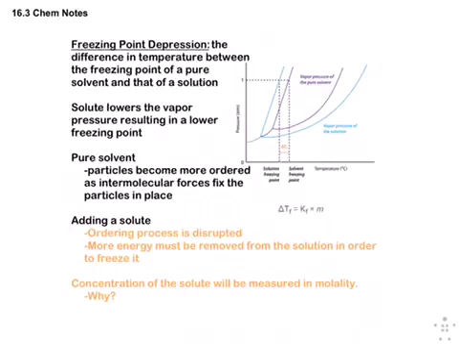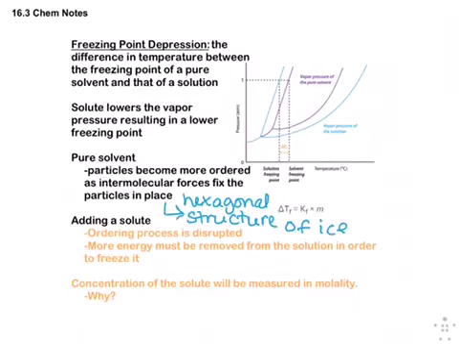And so solutes lower the vapor pressure, resulting in a lower freezing point. In a pure solvent, the particles become more ordered as intermolecular forces fix the particles in place. That would be like the hexagonal structure of water or ice. That's the example here.